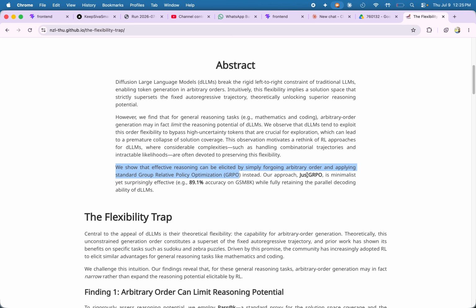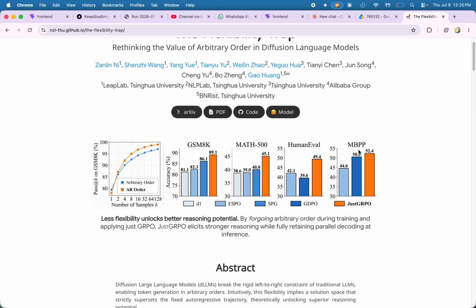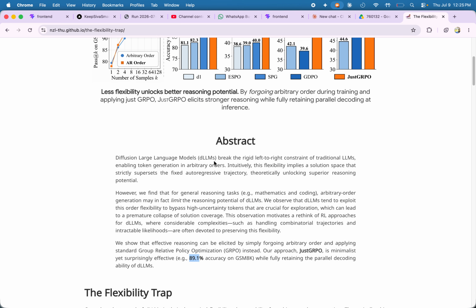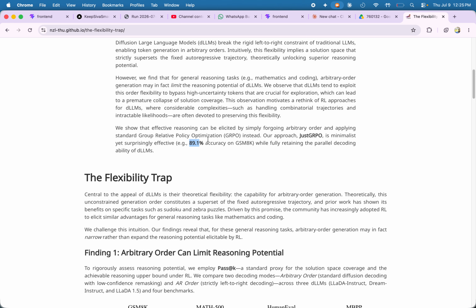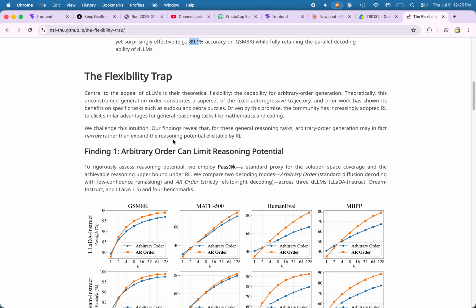So our approach is just GRPO. That's minimalistic. We are seeing an accuracy of 89.1% for GSM8K. So that's what we have seen here.